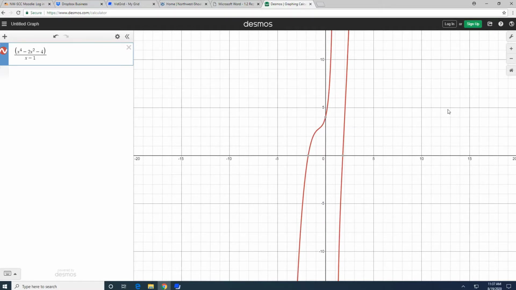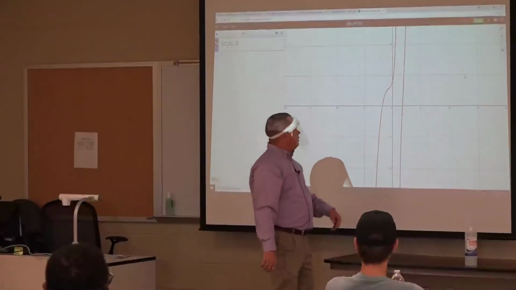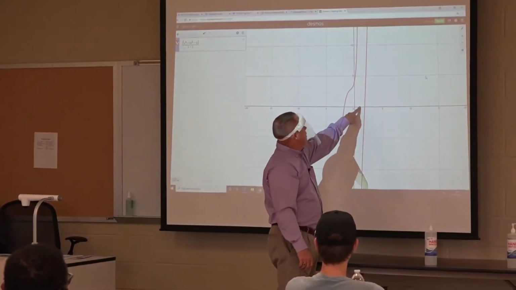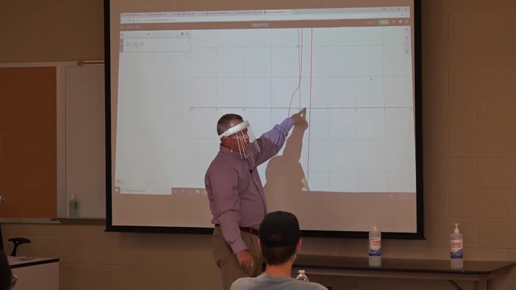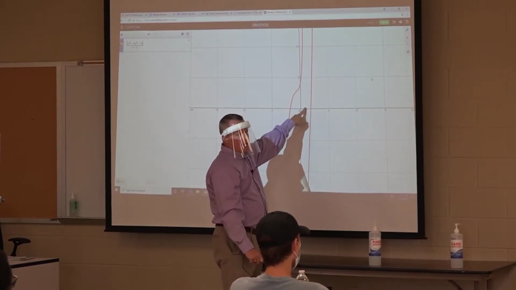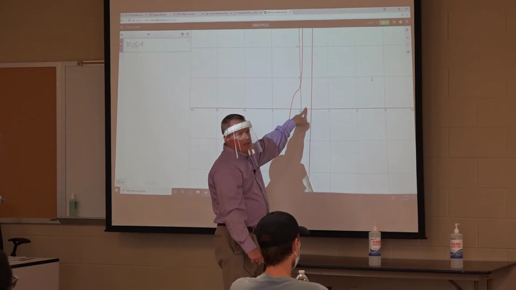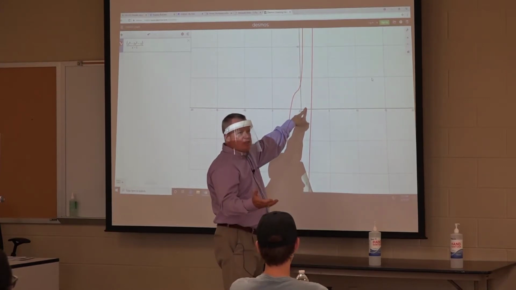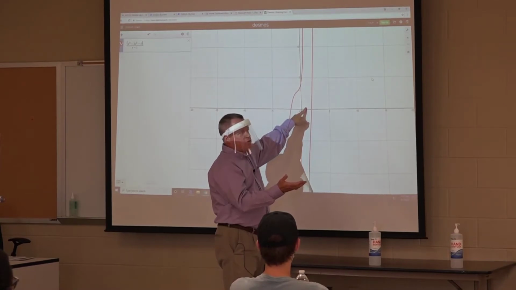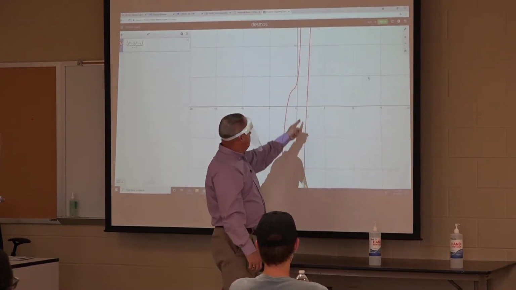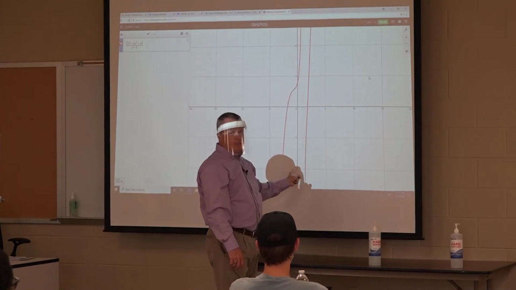What's going on with the graph here? What happens right here at 1? What happens if I plug 1 into that? The bottom is 0, it's undefined. So for a rational function, I get a vertical asymptote wherever the bottom is 0.